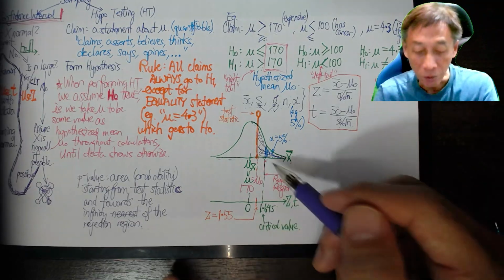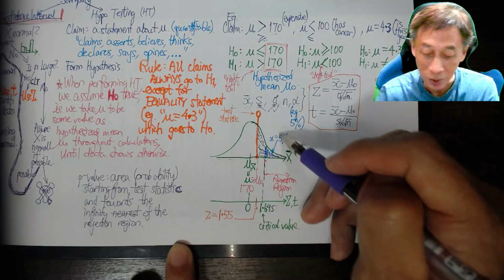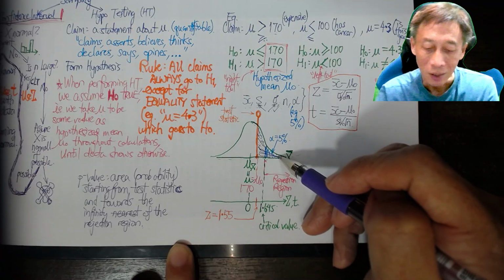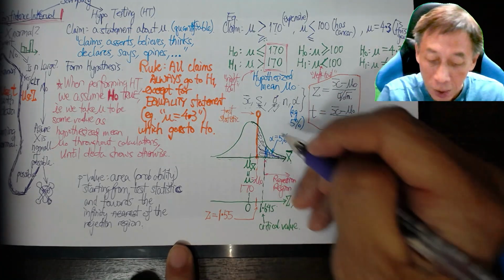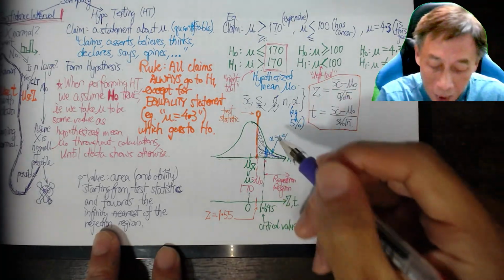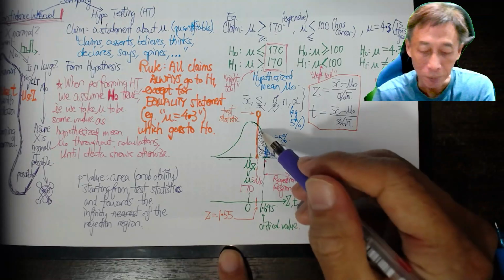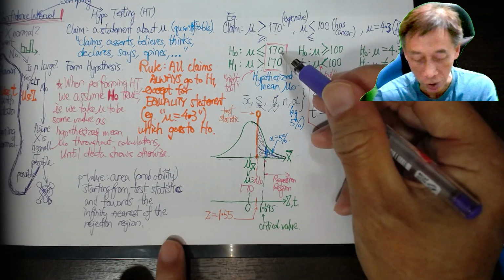And of course already you can see that it's more than 5%. If the test statistic were to be in the rejection region, then the shaded region for p-value will be less than 5%. So you can see that test statistic and p-value go hand in hand. When the test statistic doesn't cross into the rejection region, we don't reject H0.